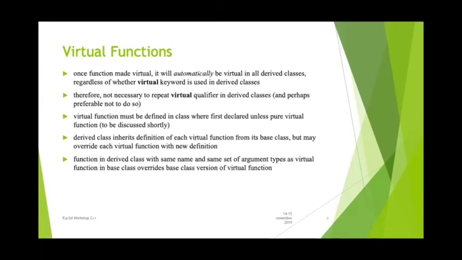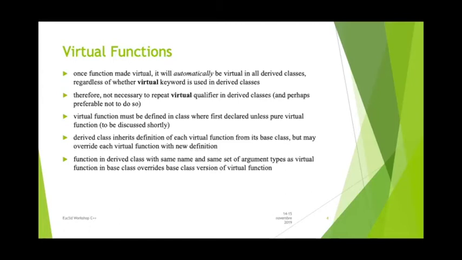It's a pure virtual function when you use equals 0, but we will discuss pure virtual functions later. When you have an inherited class and a virtual function in your base class, you can override that virtual function in your inherited class.